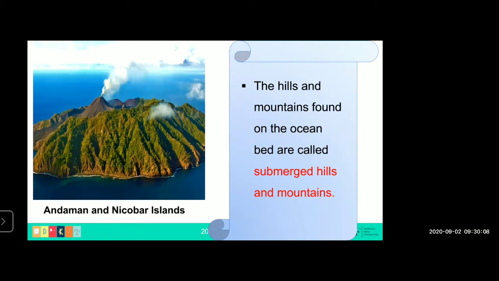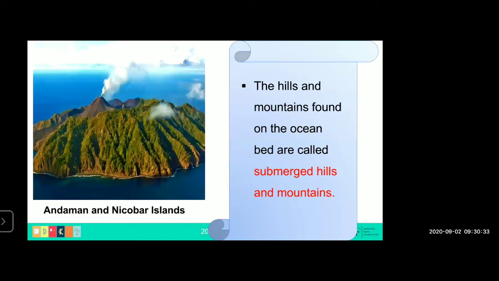Remember this, students. Undersea mountain ranges are mostly underwater, under the surface of the oceans. They are hundreds of kilometers wide and thousands of kilometers long. If originated from current tectonic forces, they are referred to as mid-oceanic ridges.